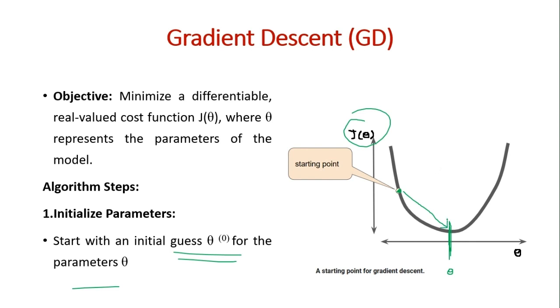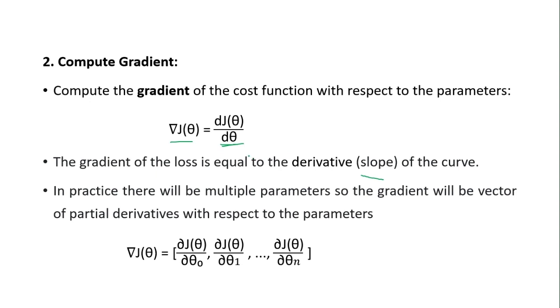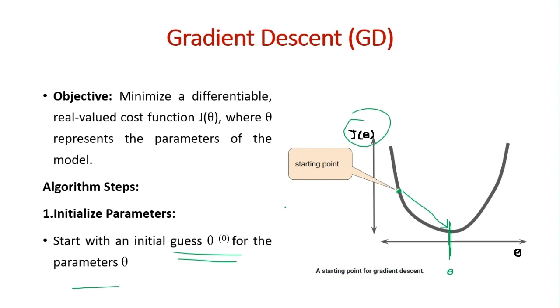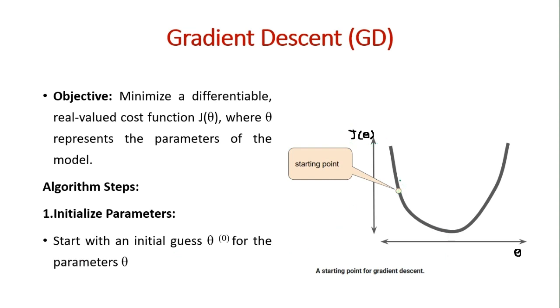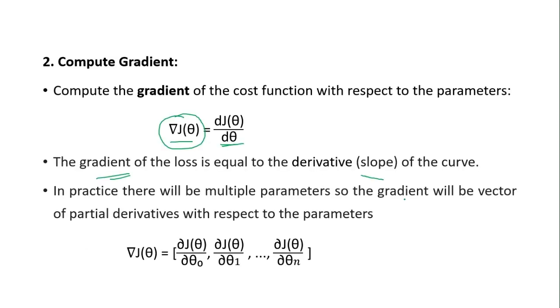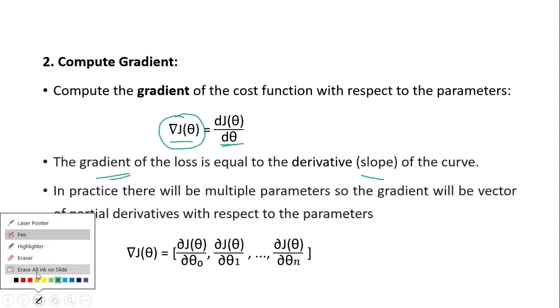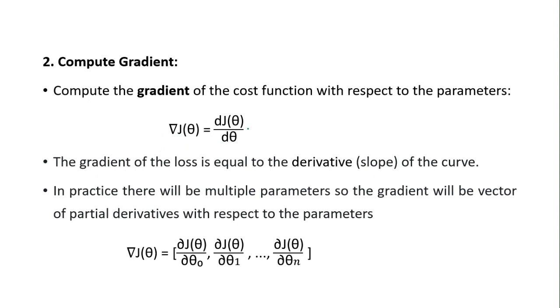For that, the first thing is to take the derivative at that particular point, or take the gradient of this J of theta at the starting point. That means we are finding out the slope. Derivative means we are finding out the slope at that point. Okay, so that is the gradient. Gradient of J of theta at that particular point we need to take. That is dJ of theta divided by d theta.